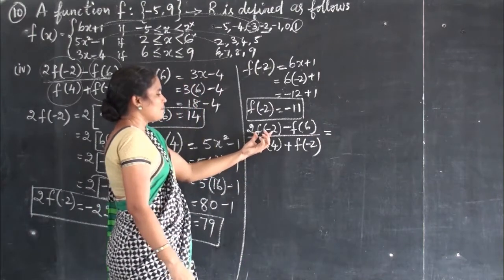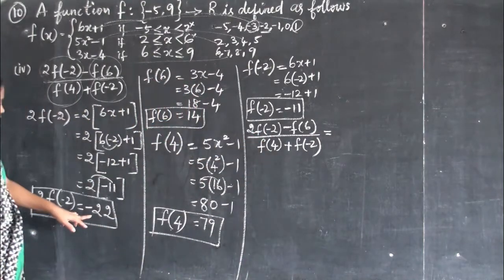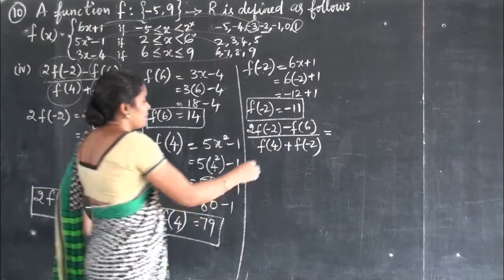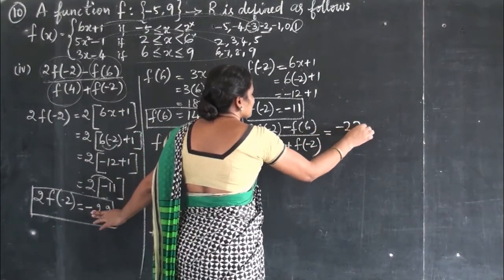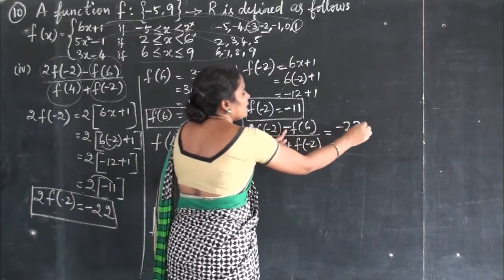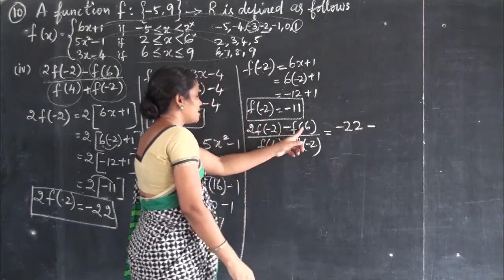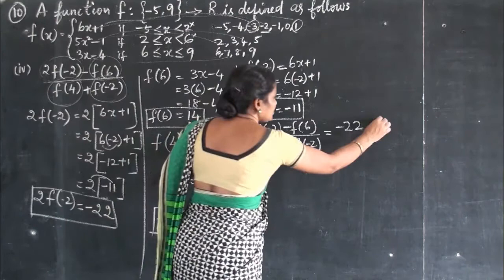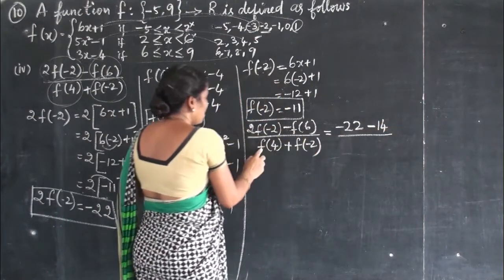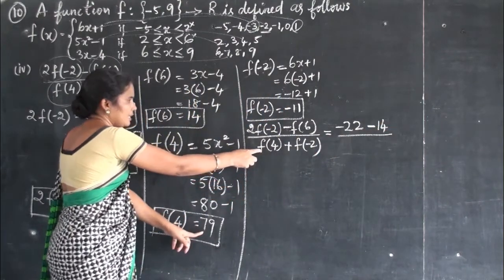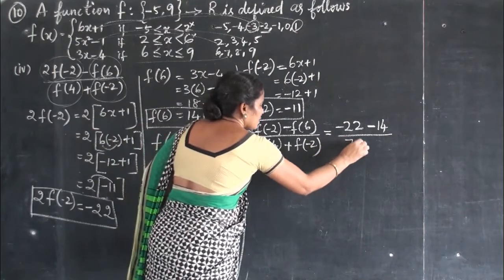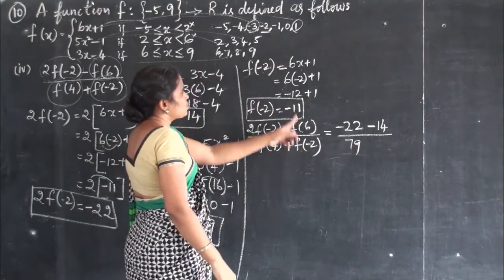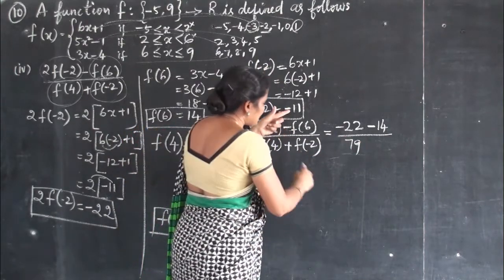For 2 f of minus 2, how much you got? You get minus 22. And minus f of 6. For f of 6, we get 14. Okay. For f of 4, we get 79. For f of minus 2, we get minus 11.